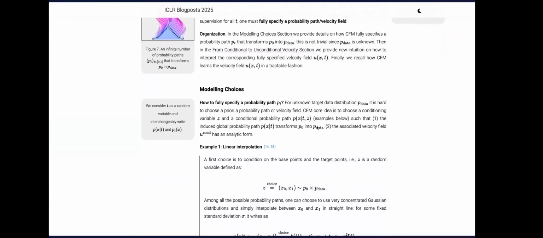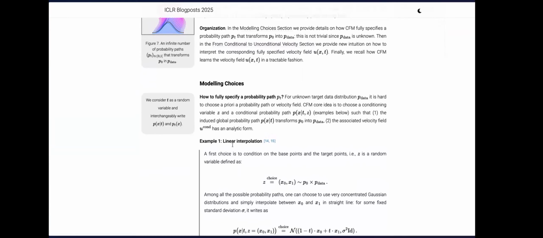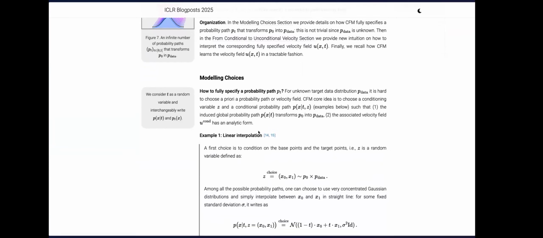So how to define a probability path? The first example that they give us is a simple linear interpolation. But yes, at the end of the day, all of these probability paths would lead us to the target distribution, right? Correct. So the question is, what is the difference between them, right? Why do we care about that?